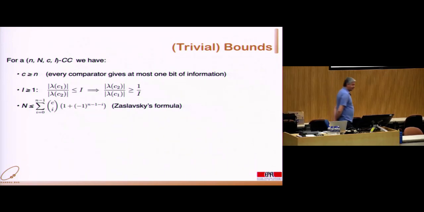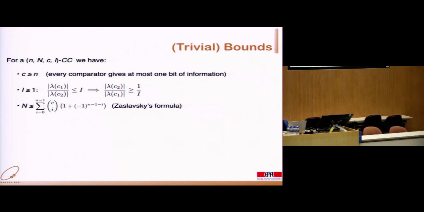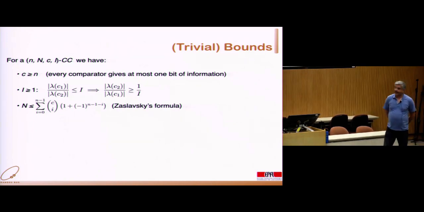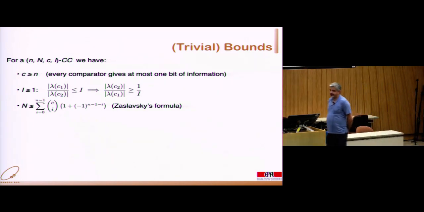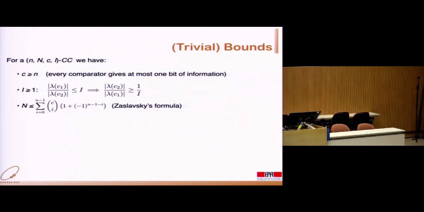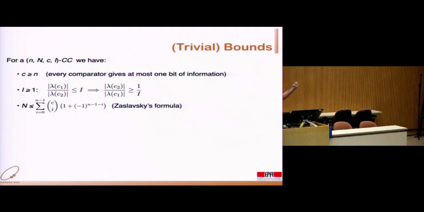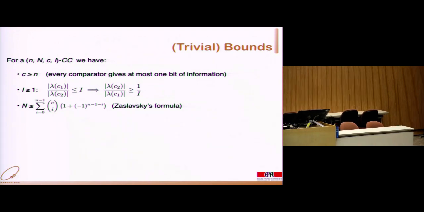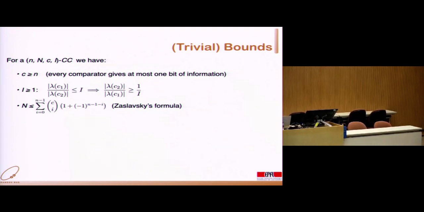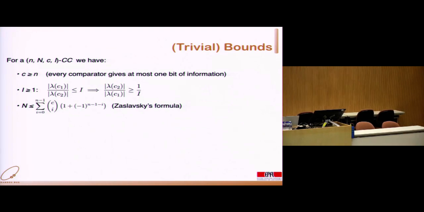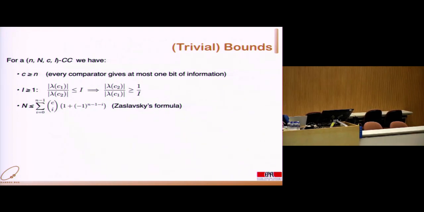The number of comparators is at least the log base 2 of capital N, because every comparator gives you 1 bit of information at most. The ISI ratio is never smaller than 1. It's the ratio between the furthest point and the closest point, so this cannot be smaller than 1. And the number of code words is upper bounded by Zaslavsky's formula.